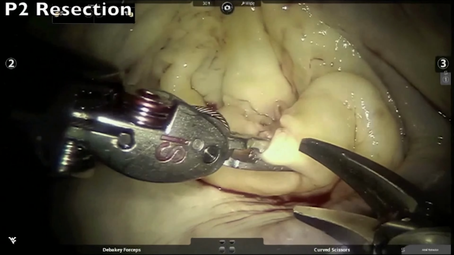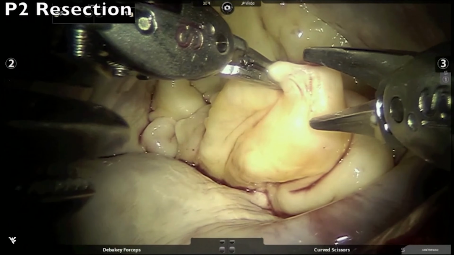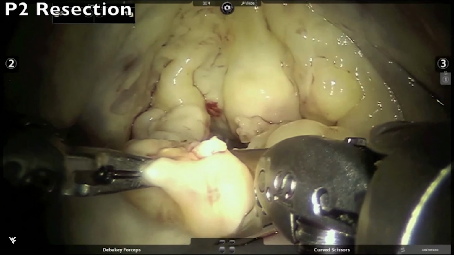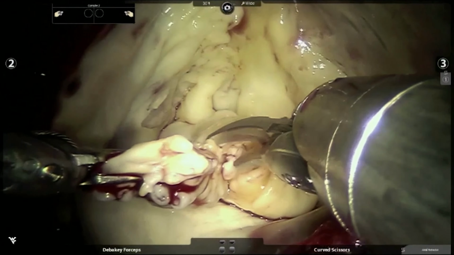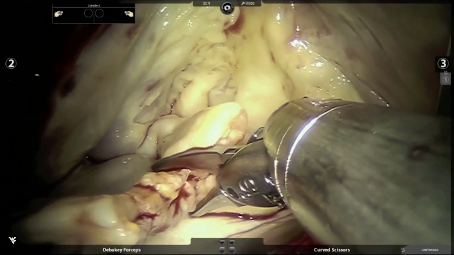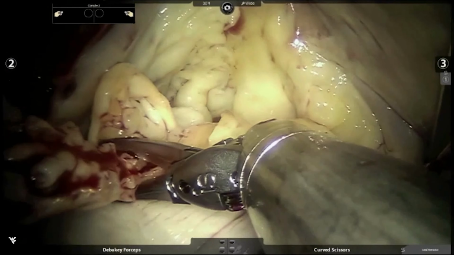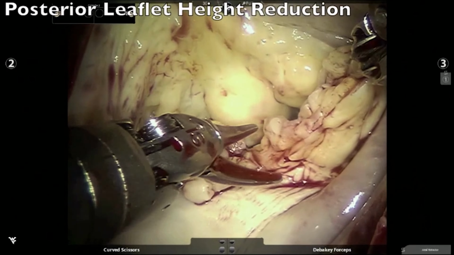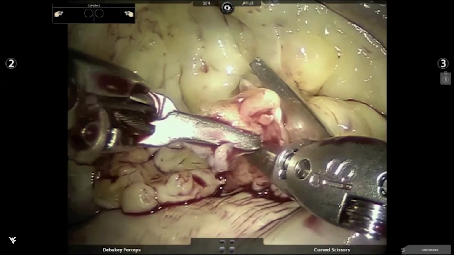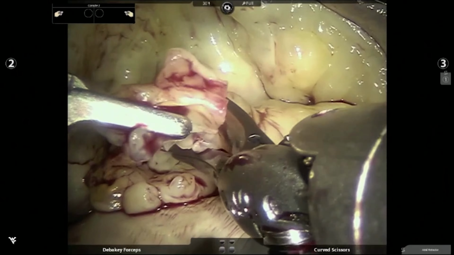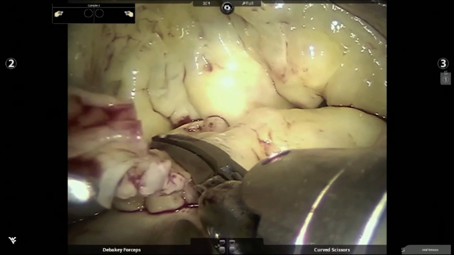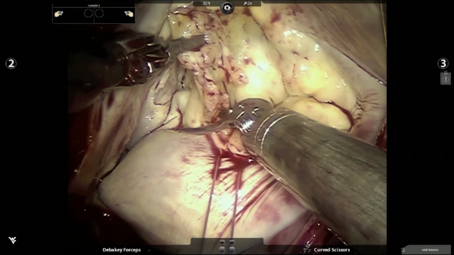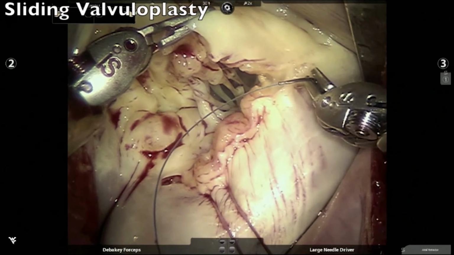And so in this case, given the tall anterior leaflet, while other techniques could be utilized as we previously demonstrated, a sliding valvuloplasty is utilized, but not in the traditional quadrangular sense, but by starting with a triangular resection and then simply undermining the leaflet and debulking the excess tissue, dividing the secondary and tertiary cords along the way, and then performing the sliding valvuloplasty.